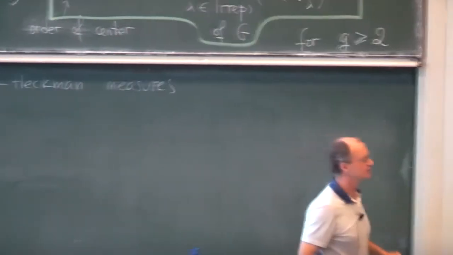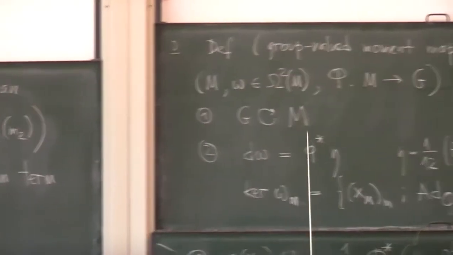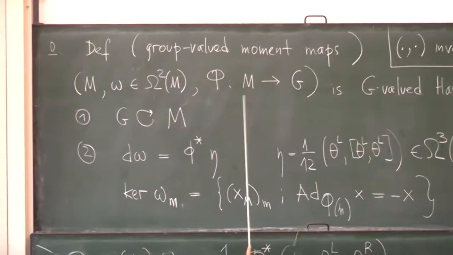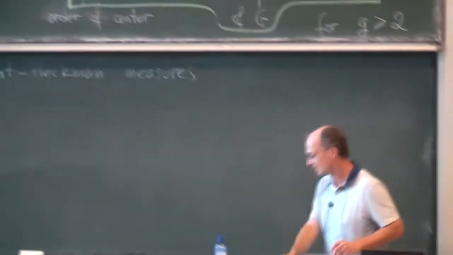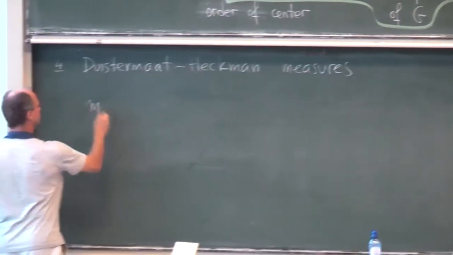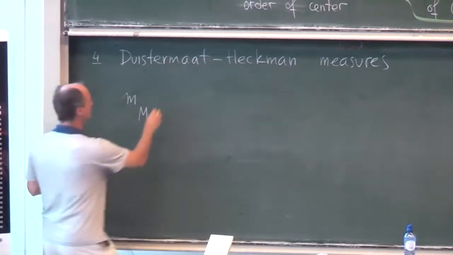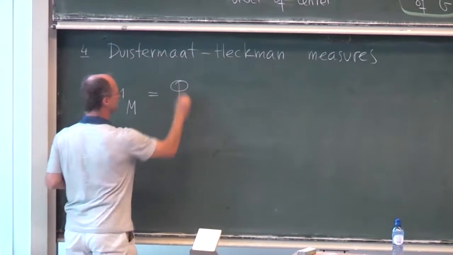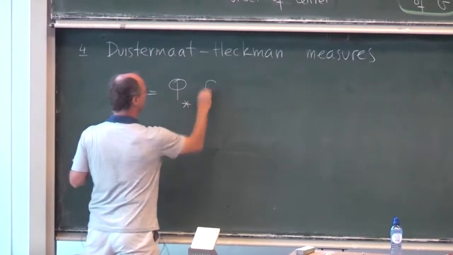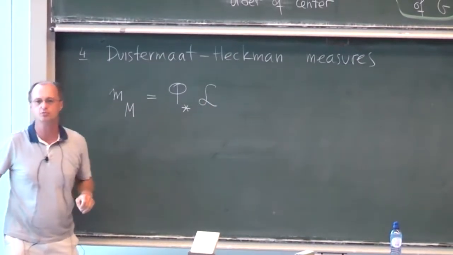Once one has a compact manifold equipped with a moment map, or a group valued moment map as it is here, one can define the Duistermaat-Heckman distribution, let me denote it by curly M, and this is simply a fiber integral of the Liouville form along the fibers of the moment map.